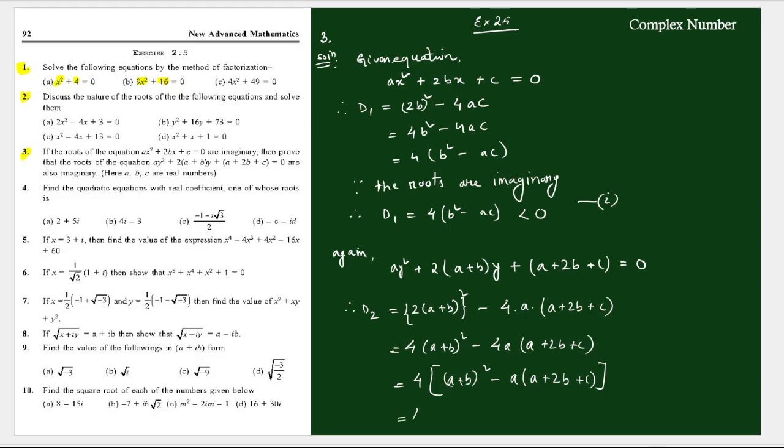Okay, let's break it down and simplify. So a square plus 2ab plus b square, minus a square minus 2ab minus ac. So a square minus a square is 0, plus 2ab minus 2ab is 0, so what is left is b square minus ac.